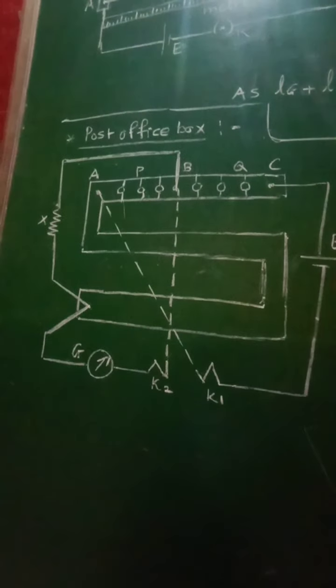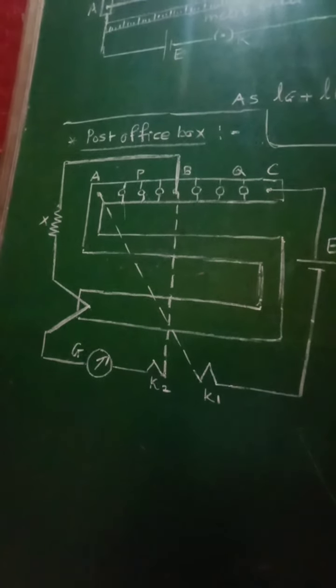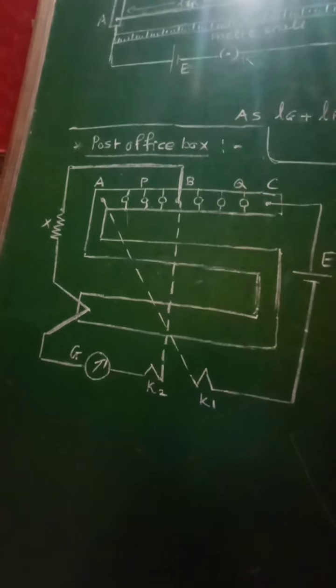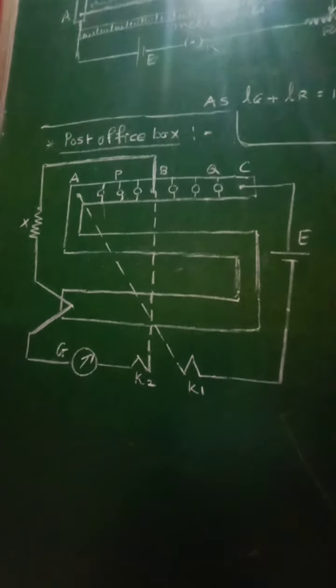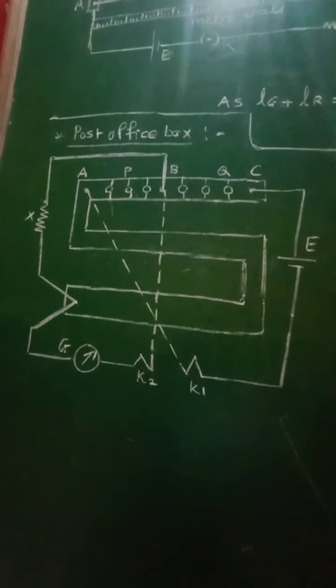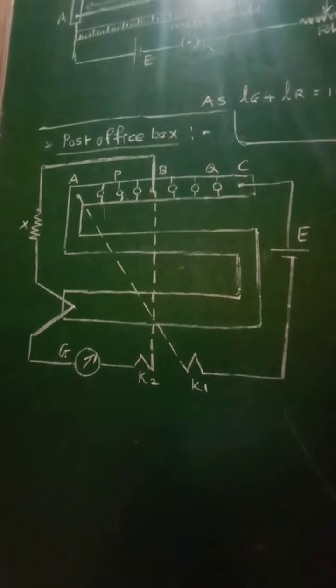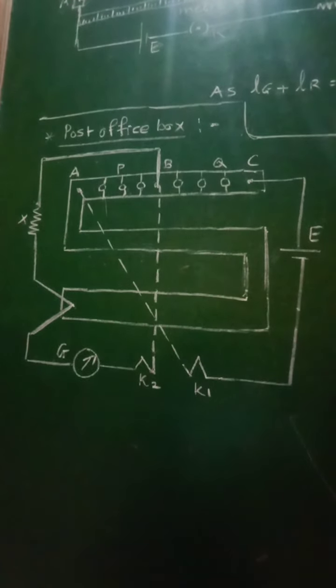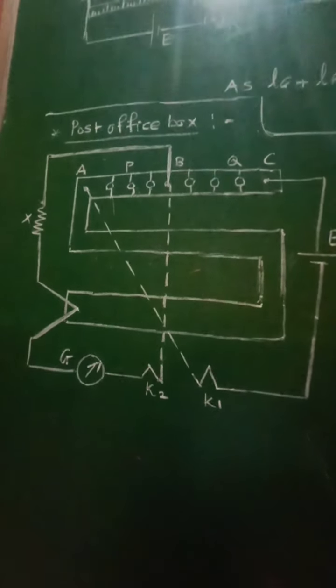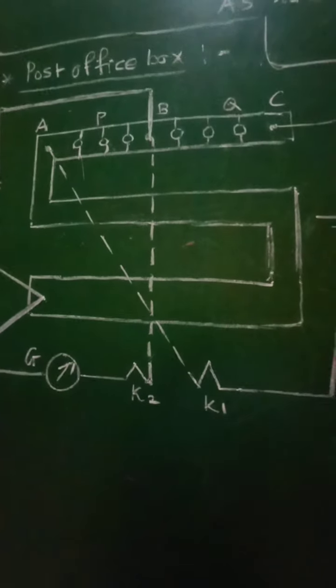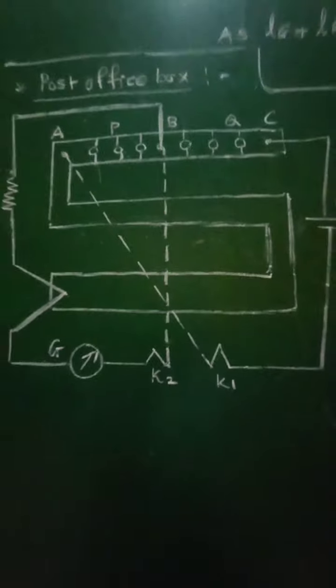This post office box is also a practical form of Wheatstone bridge. In its construction, it consists of three arms P, Q and R.